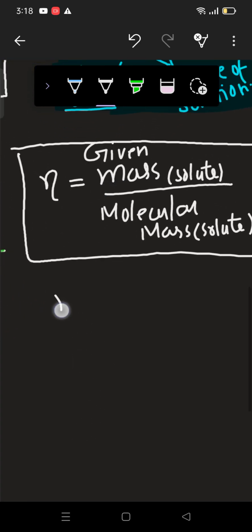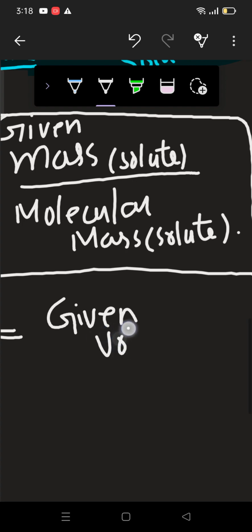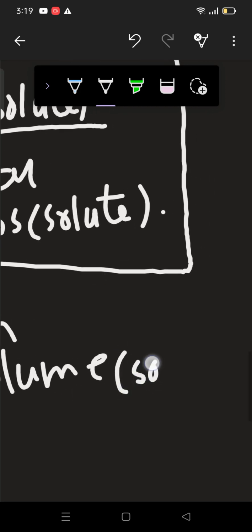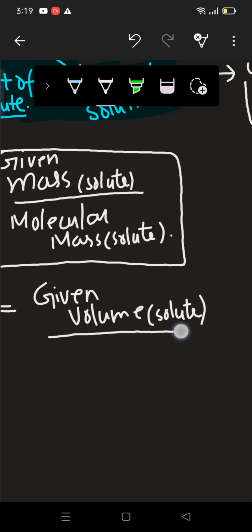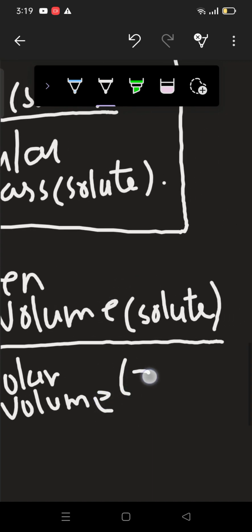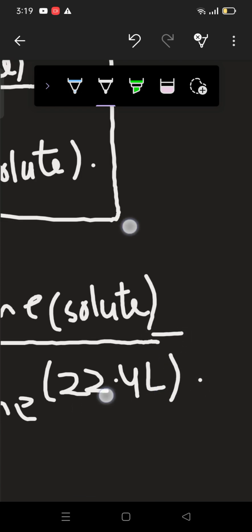So you can write here n is equal to given volume, that too of solute, since we are discussing solute, per unit molar volume, which is of course equal to 22.4 dm cube or liter, right?